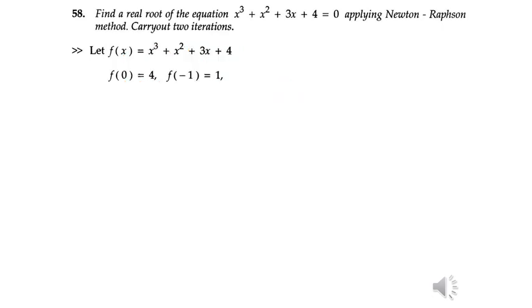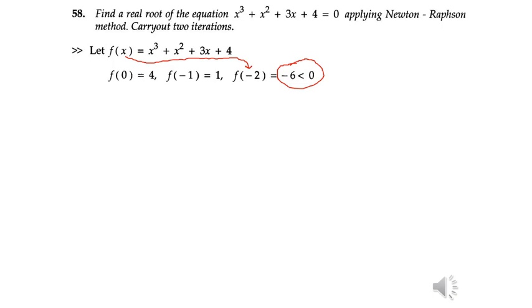So we have taken x is equal to -1, for which we got +1, which is again positive. Now let us take -2 next. If you take -2 in the place of x, see here you got -6, which is negative.